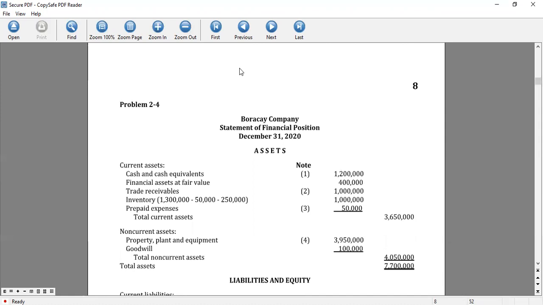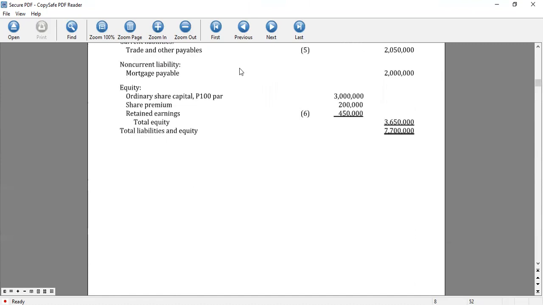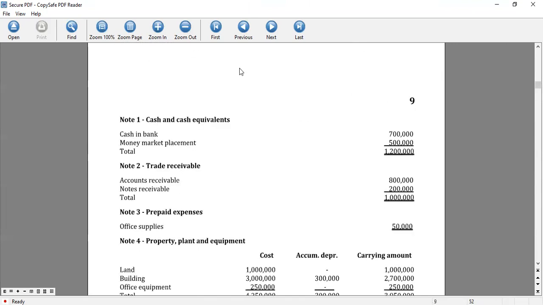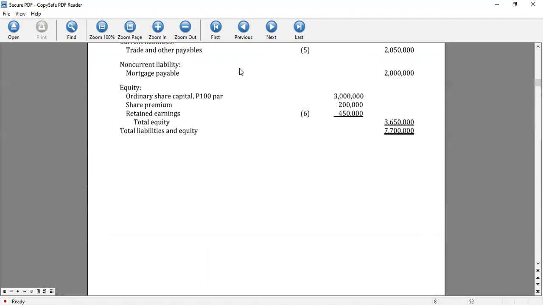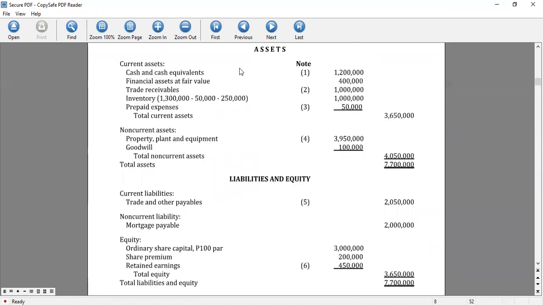Now we have the prepaid expenses. In note number 3, prepaid expenses amounted to the office supplies included in inventory is prepaid expenses. Next, we move to non-current assets.